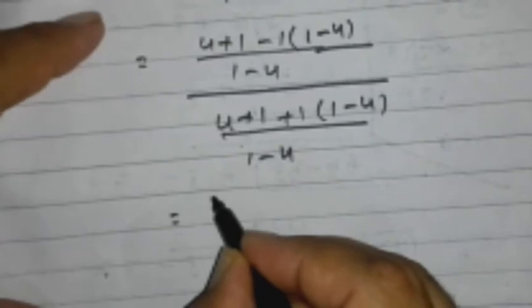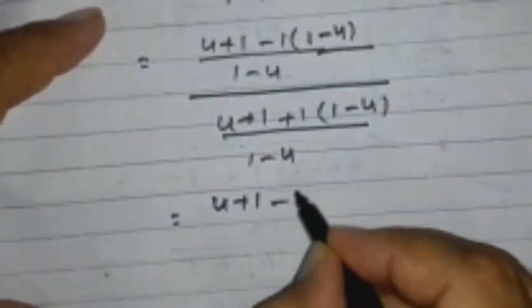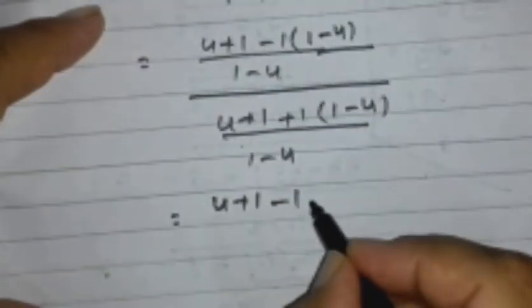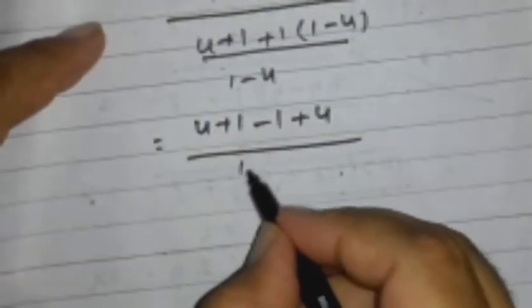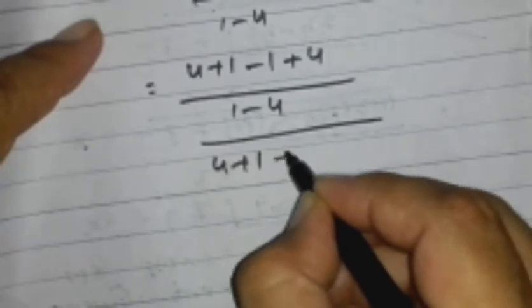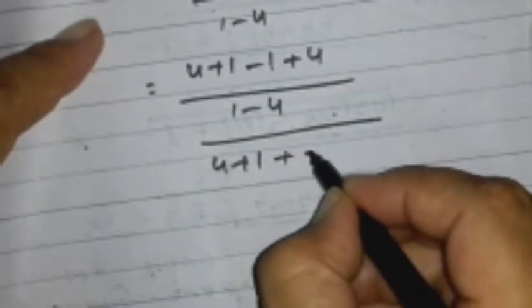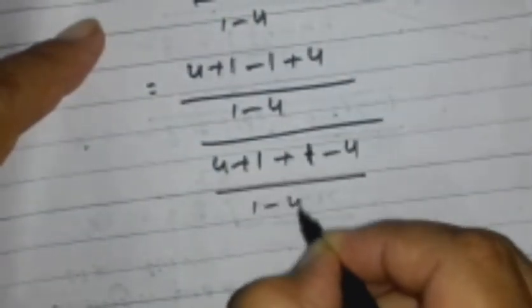Now look, here we get u plus 1 minus 1 into 1, we get minus 1, and minus 1 into u we get plus u, over 1 minus u. Now in the denominator u plus 1 plus 1 into 1 we get 1, and plus 1 into minus u we get minus u, divided by 1 minus u.